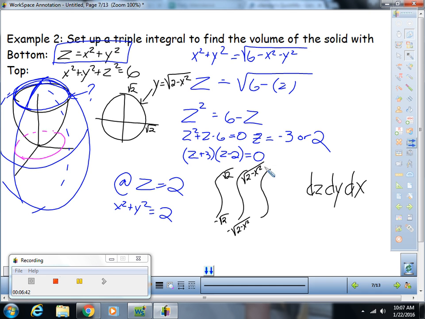Now what's going to go here? Not 0. The z values inside of this thing don't go from 0 to something. They go from one function to another function. So what goes on the bottom? Yep. Okay?